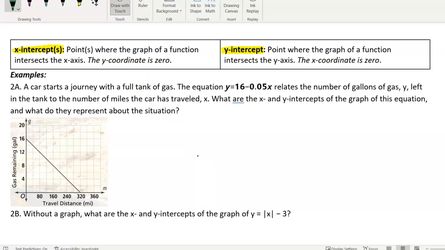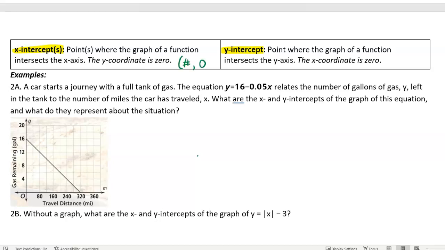It's where the y-coordinate is 0. So it's where x is some number and y is 0. The y-intercept is a point where the graph of a function intersects the y-axis, and this is where the x-coordinate is 0. So it'd be where x is 0 and y is some number.